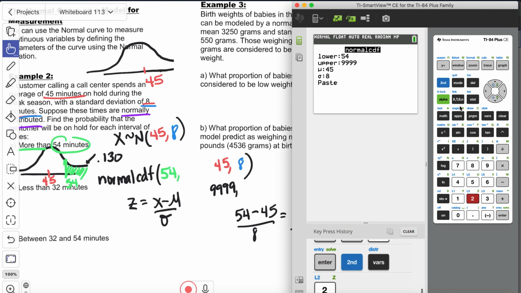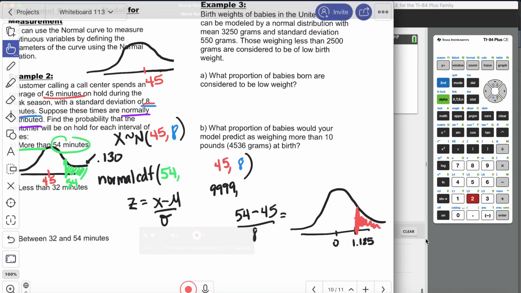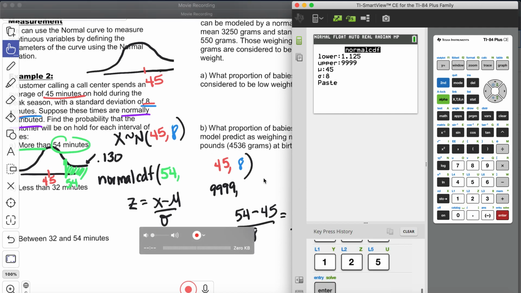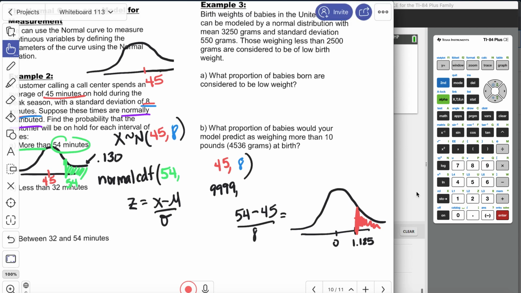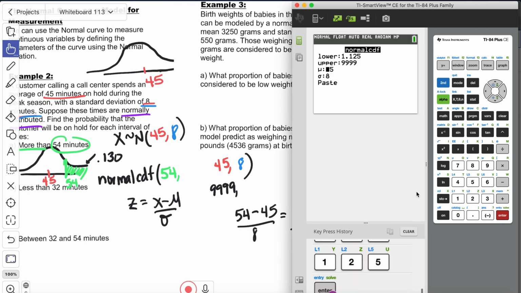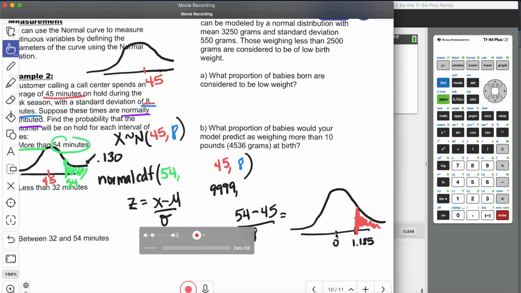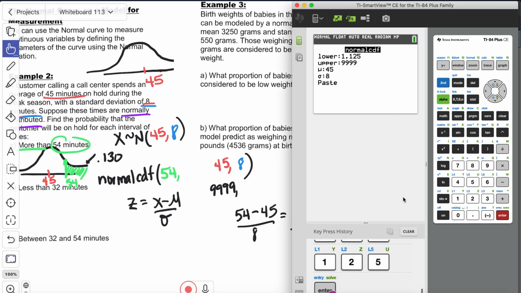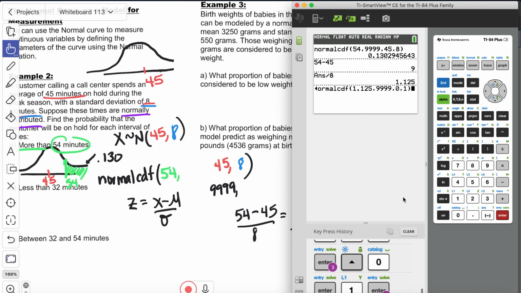The lower bound this time, we're looking at this, our lower bound is this z-score, 1.125. Our upper bound is still going to be, you see our upper bound goes on forever, so that's 999. Our mean, now we are on the standard normal. So our mean is going to be 0. And our standard deviation on the standard normal is 1. Type that in. And we get this value again, 0.13029.